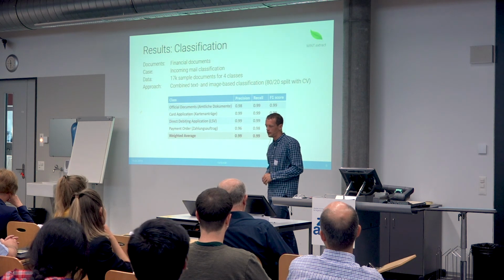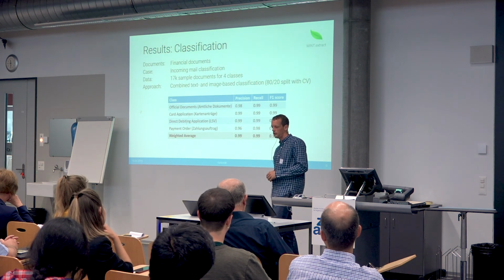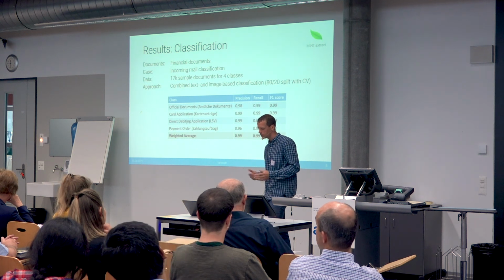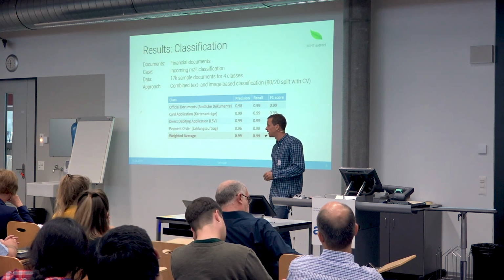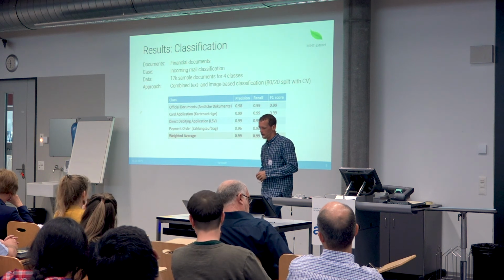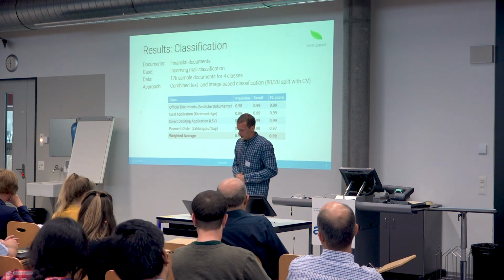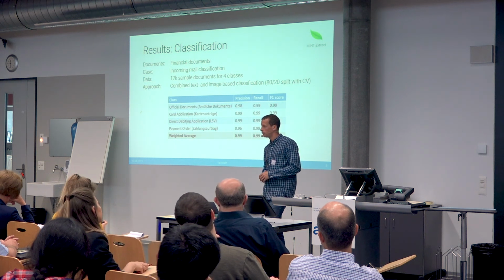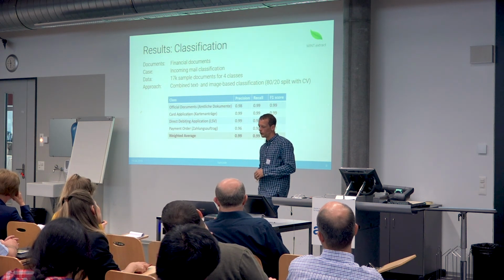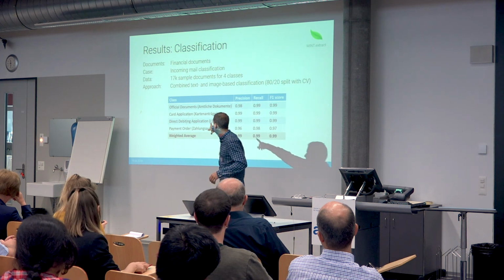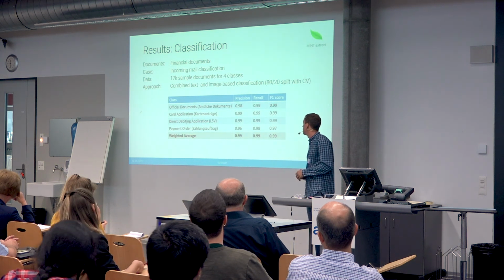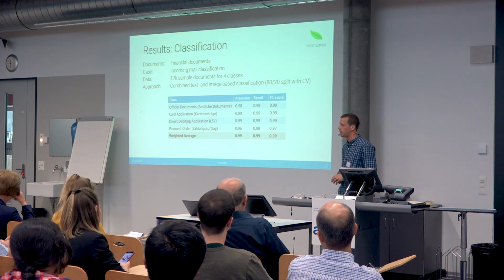It was all about incoming mail classification, and with mail I don't mean email, but I mean scanned documents that come per post. It was about 17,000 sample documents from 4 classes. You can see the classes in the table below. And we used a combined text and image-based classification approach.